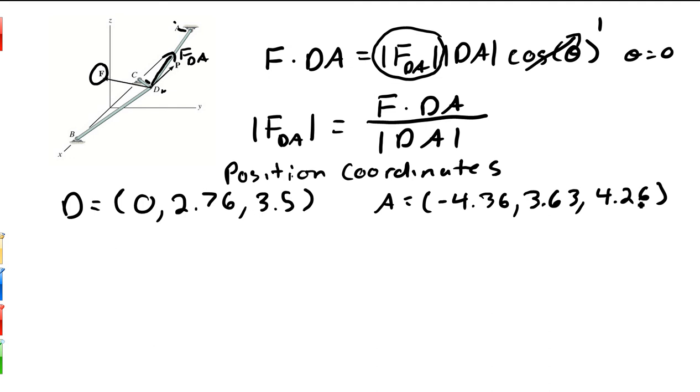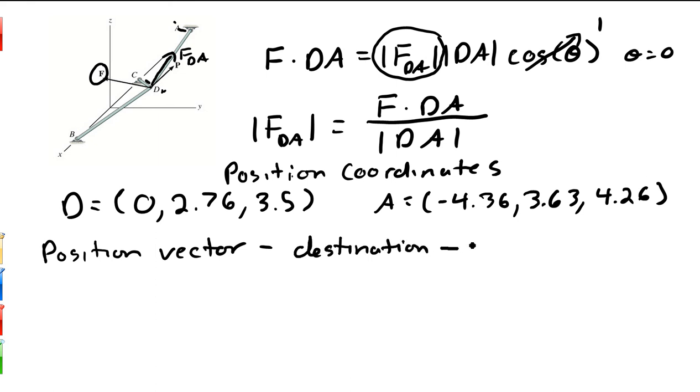Now if you guys remember how to do this, what we're doing is finding a position vector. And to get a position vector, what you need is destination minus origination. You can see that A is going to be our destination and D is going to be our origination, DA.